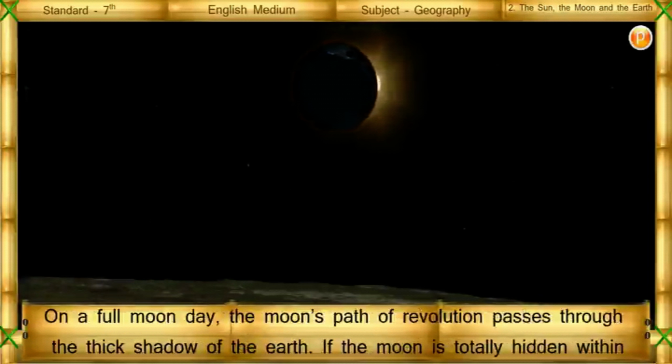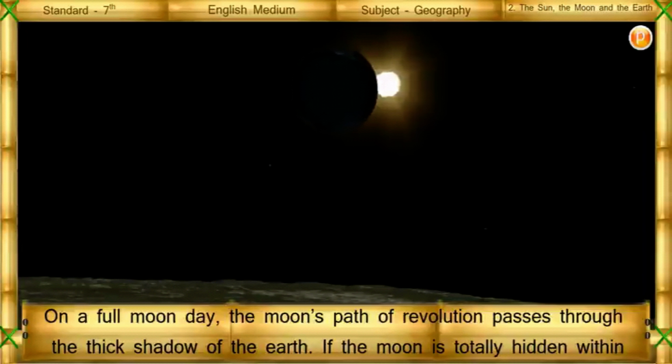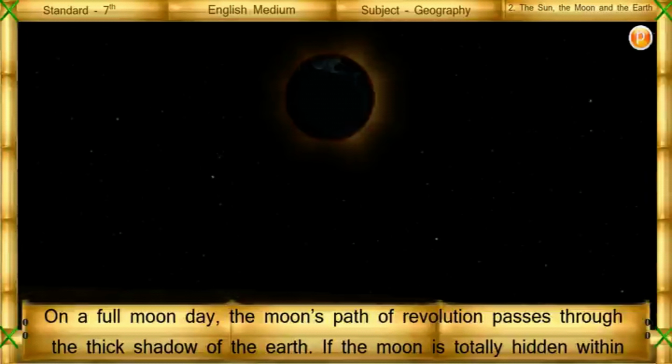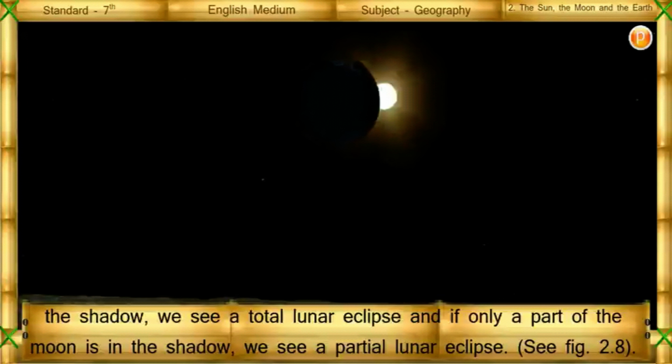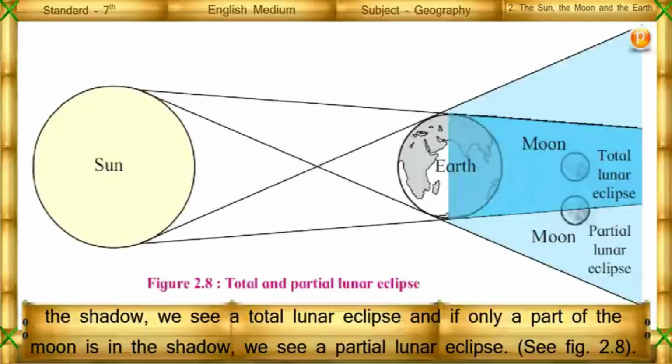On a full moon day, the moon's path of revolution passes through the thick shadow of the earth. If the moon is totally hidden within the shadow, we see a total lunar eclipse. And if only a part of the moon is in the shadow, we see a partial lunar eclipse. See figure 2.8.